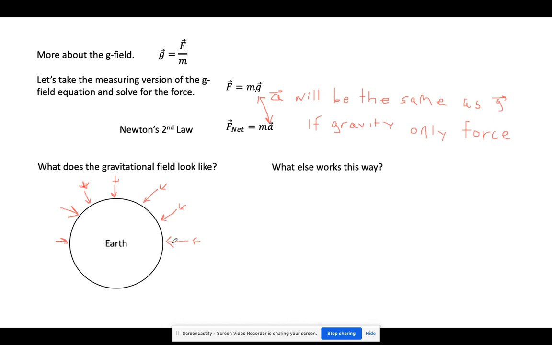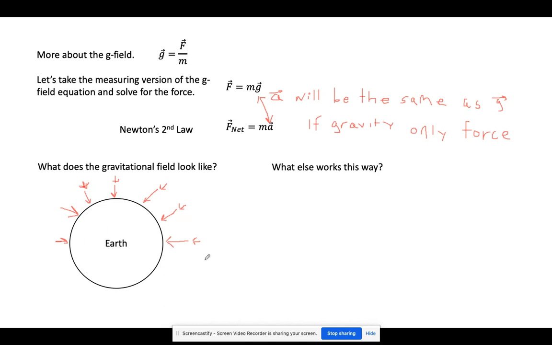Over here, it's going to point to the left because that's towards the Earth. Over here, it's going to point to the right because that's towards the Earth. And as far as how big the arrow is, that depends on how close you are. The closer you are to the Earth, the bigger the arrow is. You'll feel more gravity. So this would go all the way around, and really this whole area should be completely full of arrows that all point towards the center and get smaller the farther out you get.